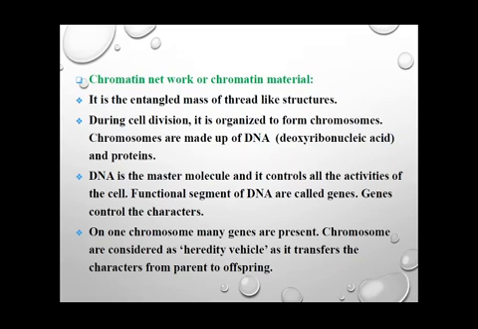First of all we will take the chromatin material. So what is chromatin material? Chromatin material is the thread-like structure which is present inside the nucleus. The nucleoplasm contains certain thread-like structures known as chromatin material, and many of these together form a network-like thing known as the chromatin network.